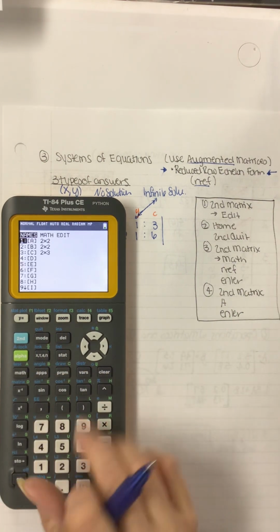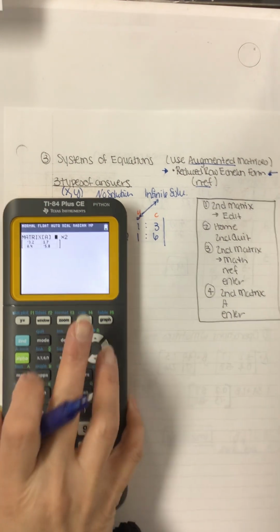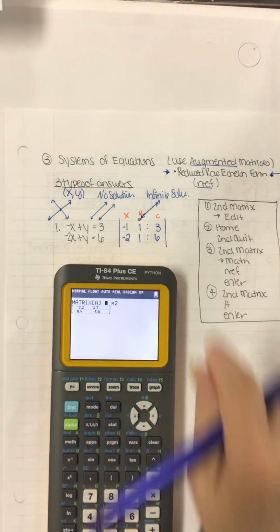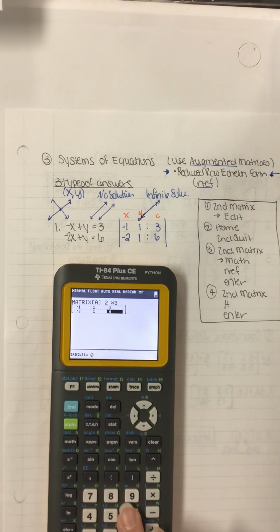Second matrix. Over to edit. I'm going to put it in A. You could put it in whichever one you want. What are the dimensions of this? 2 by 3. And we enter our numbers. -1, 1, 3. -2, 1, 6.